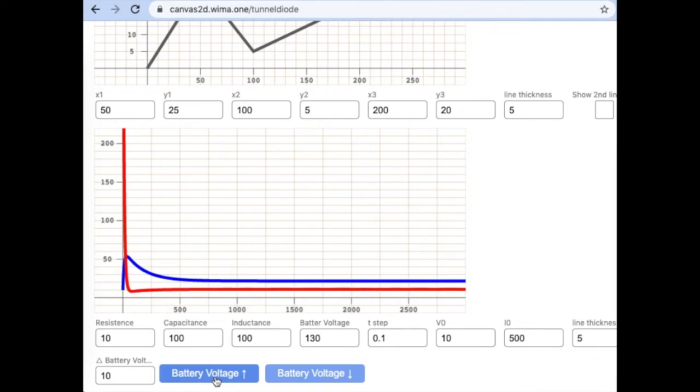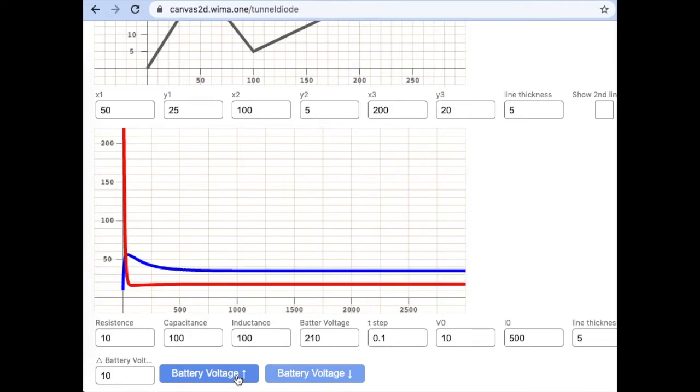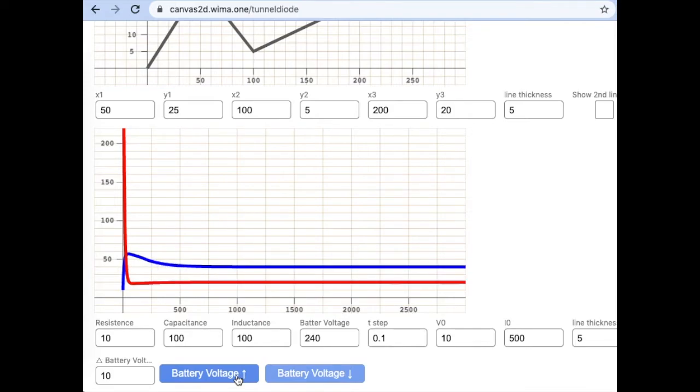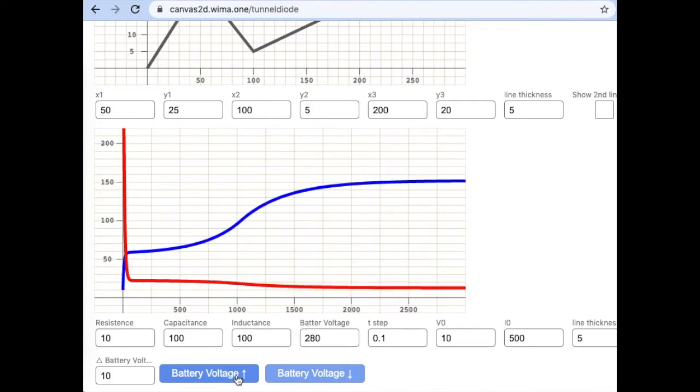See, as we increase the battery voltage, let's focus on the blue line, which is the voltage that we care about. So as we increase the battery voltage, which is a parameter, the solution increases a little bit, until at one point, it suddenly jumps.